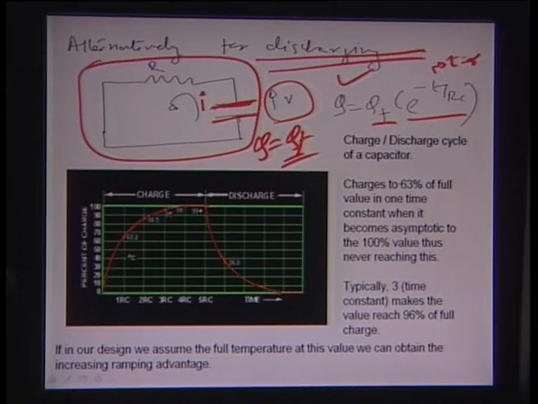So, a very interesting aspect about these two charging and discharging cycle times is that if you plot the percentage of charge with respect to the time, as you are seeing in this illustration here, this really is the growth cycle.